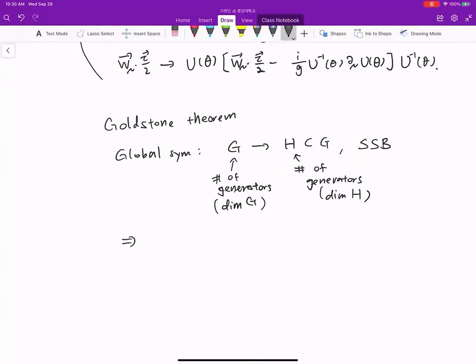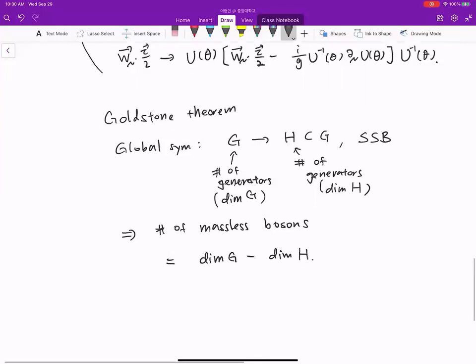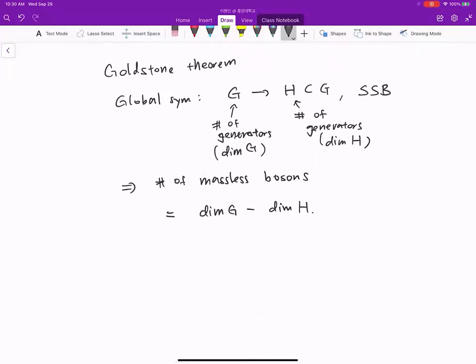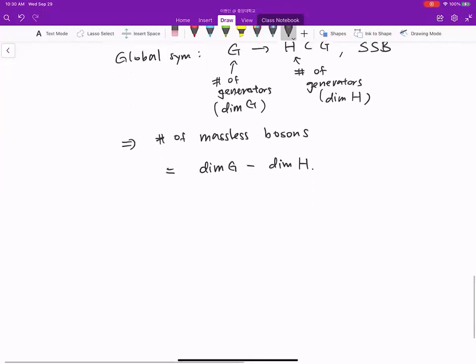Then the number of massless bosons is the same as the difference between the number of generators. These are the broken generators.